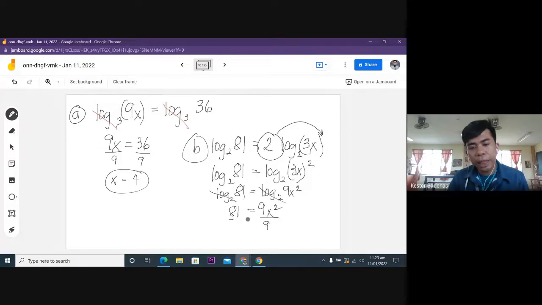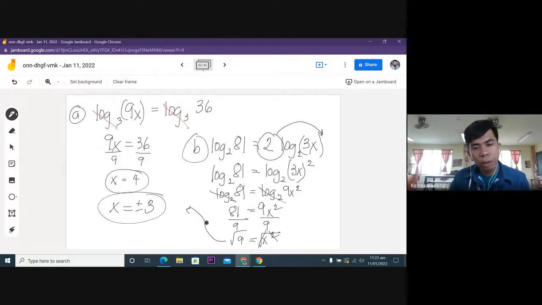Divide both sides by 9. 81 divided by 9, that would be 9 is equal to x squared. Square root both sides para ma-cancel yung squared. Ang matitira is x. Ano yung square root ng 9? Positive, negative 3. So, yung answer natin sa B is positive, negative 3.